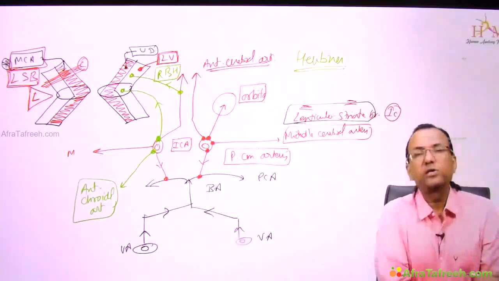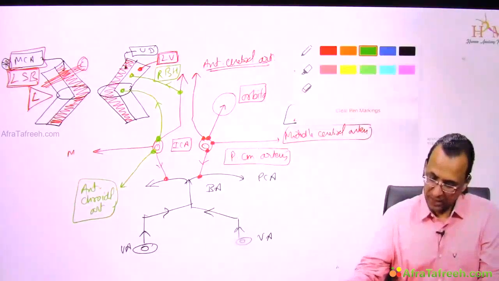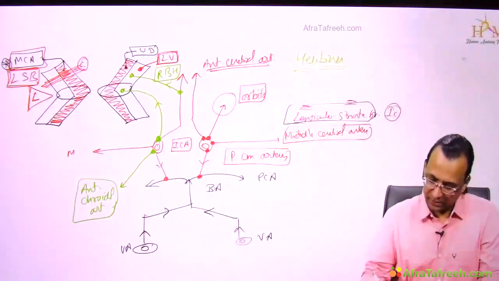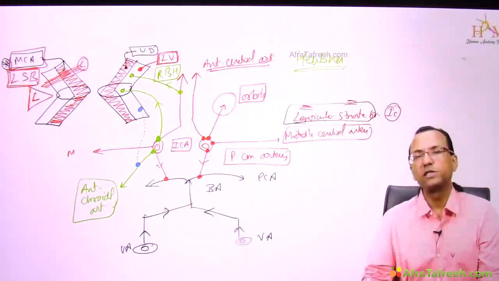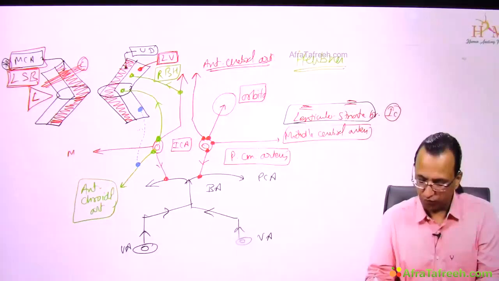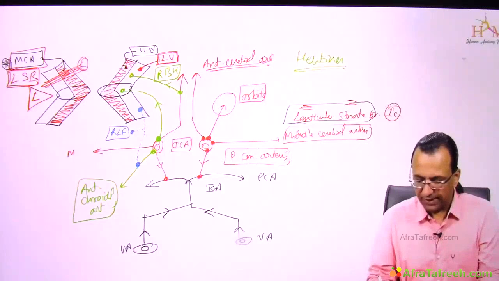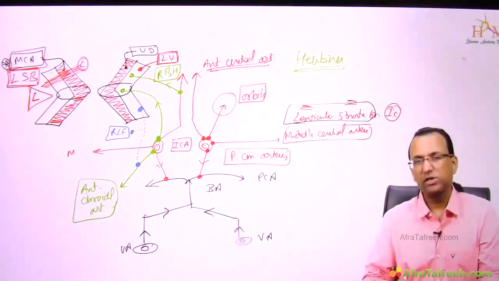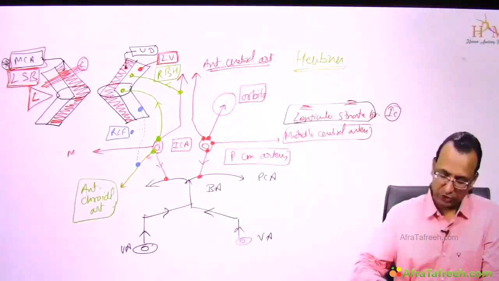And who is supplying the posterior limb? You know already. That is the anterior choroidal artery. When this anterior choroidal artery is supplying the posterior limb, it will also supply the retrolentiform fibers of the internal capsule. Are you talking about the anterior choroidal artery here? Yes.